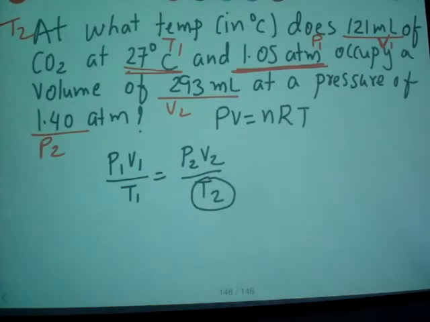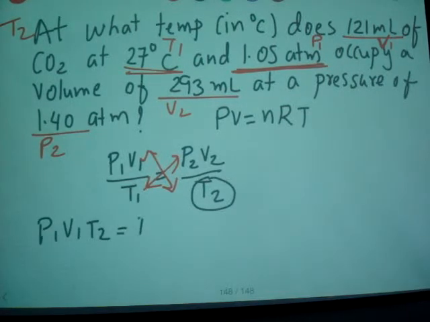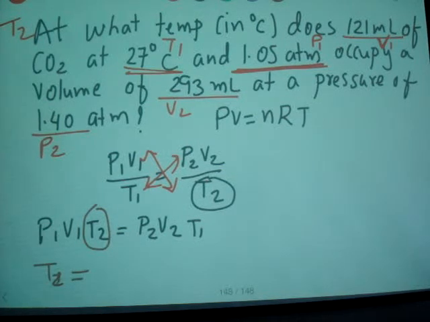Again, first we cross multiply, so you get P1 V1 T2 equals P2 V2 T1. We need to find T2, so we separate it: T2 equals P2 V2 T1 divided by P1 V1.